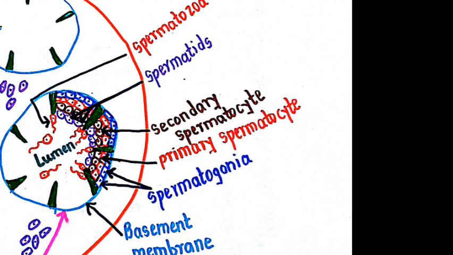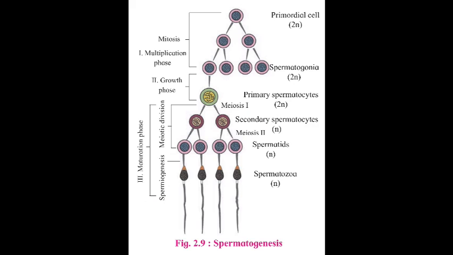After puberty, spermatogonia divide by the process of mitosis, proliferate and differentiate into different stages to form sperm. The process of spermatogenesis occurs in 3 phases. The first phase is the multiplication phase, the second phase is the growth phase, and the last phase is the maturation phase.